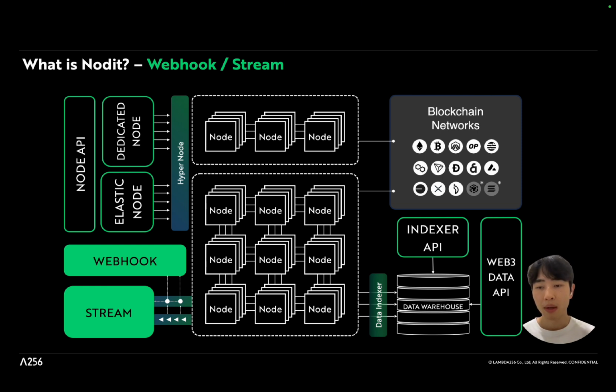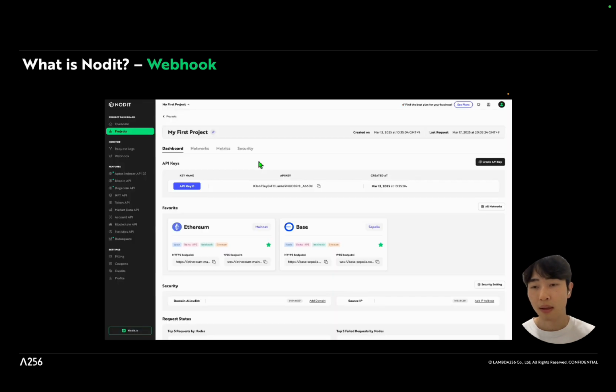So while webhook pushes data to your server, Stream lets you receive it in real time over an open channel, like a WebSocket. This makes Stream ideal for dashboards, analytics, and anything that needs a live feed of blockchain events without delay. Let me show you how easy it is to set up a webhook in Nodit.